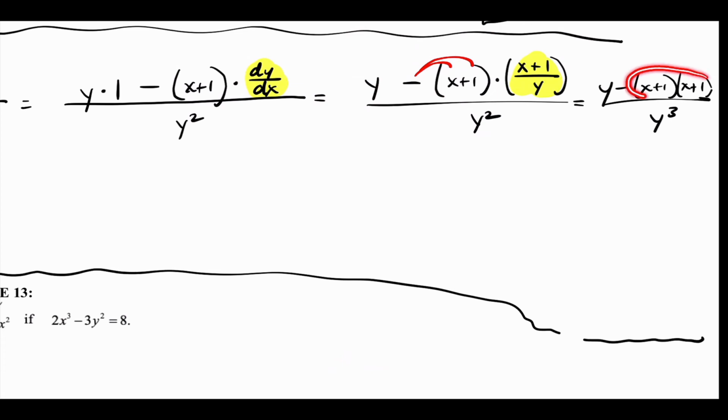So if we kept the y up there on top, we could have multiplied it to the y, and it would be y squared minus (x + 1) whole squared. These would be like the difference of squares. Say it again. If I leave this y up here, then they would multiply to find negative (x + 1) whole squared over y, and then get the common denominator. Okay, so yep, let's try that then.